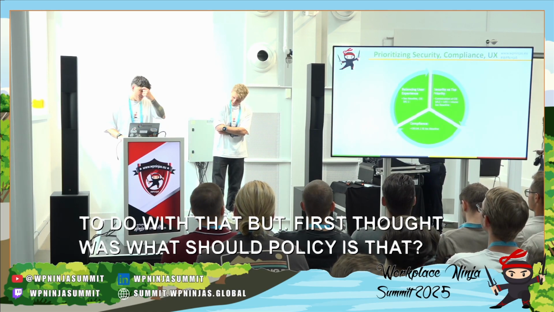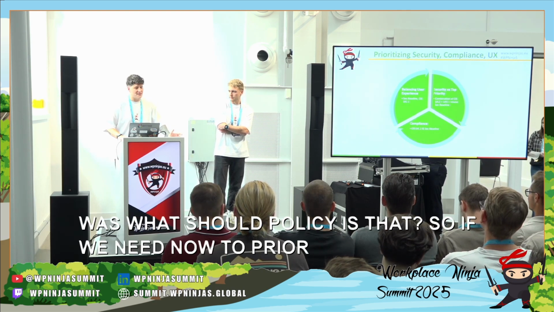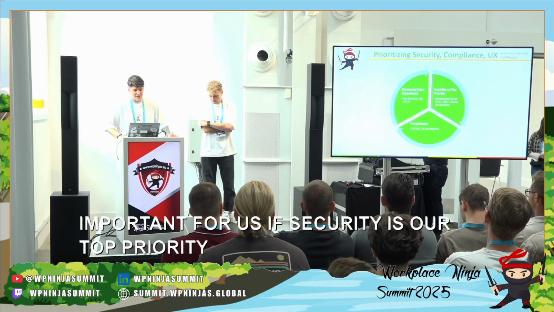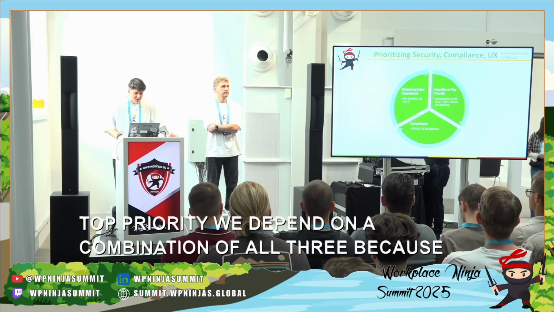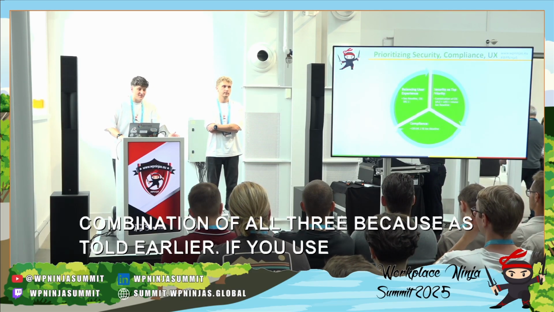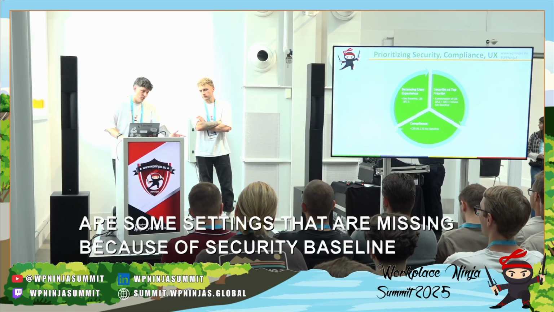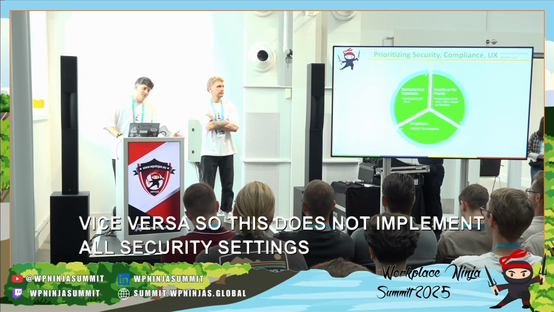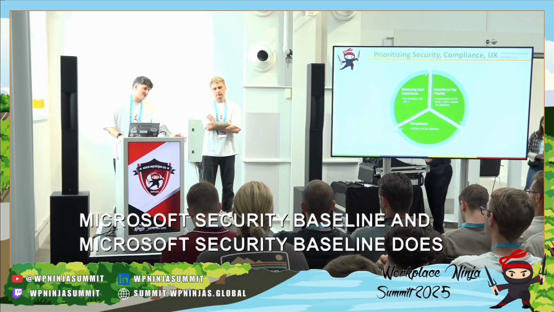So if we need to prioritize what is important for us: if security is our top priority, we depend on a combination of all three. As said earlier, if you use CIS, there are some settings that are missing because of the security baseline, and vice versa. CIS does not implement all security settings from the Microsoft Security Baseline, and the Microsoft Security Baseline does not implement all CIS settings.